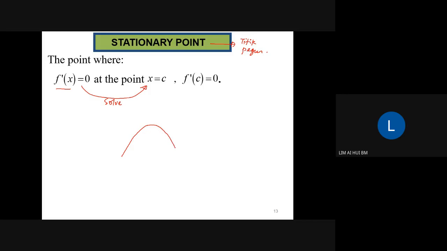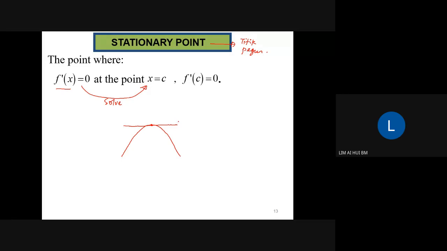Kalaulah kita ada curve macam tu, kita naik sampai kita nak turn ke bawah tu, kita akan henti sekejap. Bila kita henti sekejap tu, itu titik itu kita panggil sebagai stationary point. And when you draw a tangent touching the stationary point, you will see that the tangent is actually a horizontal line.